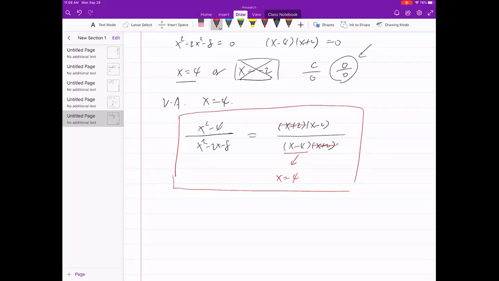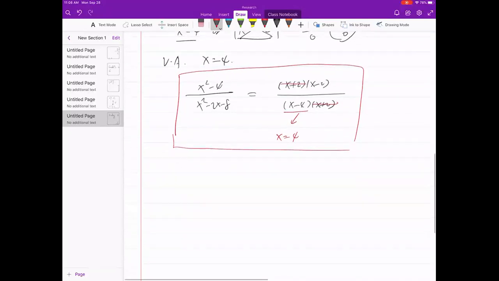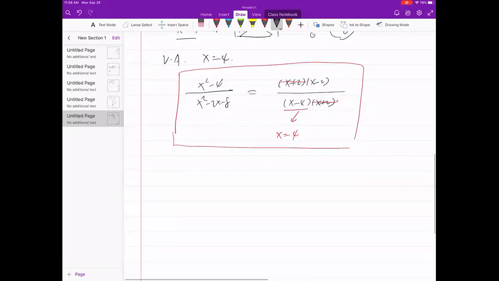Could you go over number 31 on 2.6, please? I kept getting the same ones wrong and I couldn't figure it out.